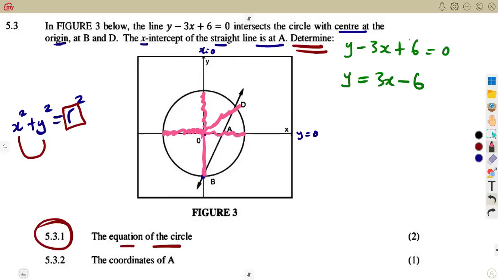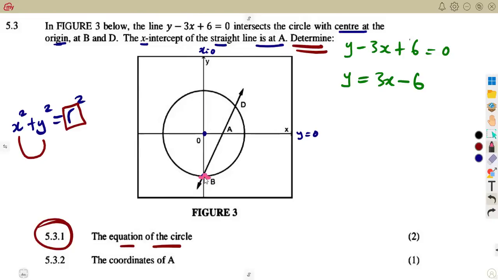As long as we can find any of these distances, from O to D, from O to A, which distance can we find? We can take advantage of B, because B is the intercept for both graphs.